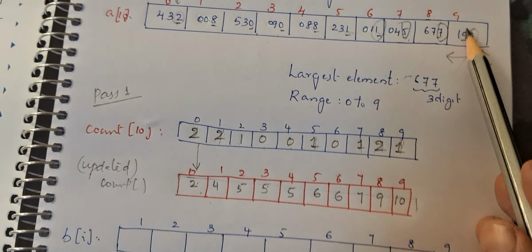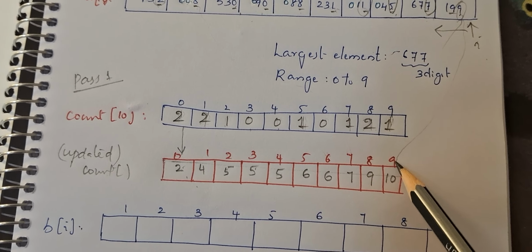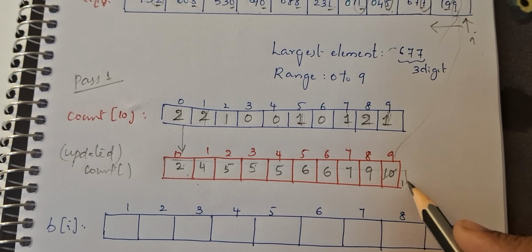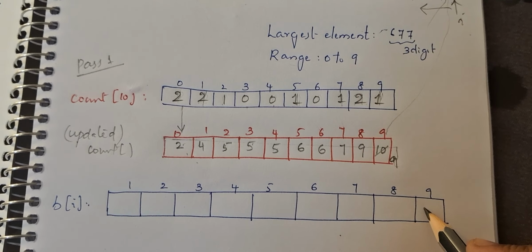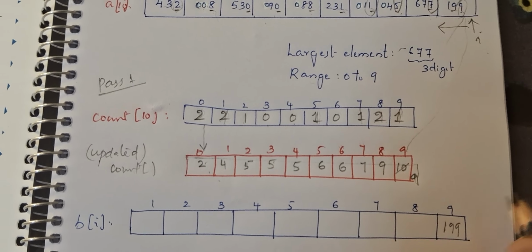I is equal to 9, a of 9 is equal to 9, go to index 9 of the count array, decrement the value by 1 and go to the corresponding index of the final array and store the value.